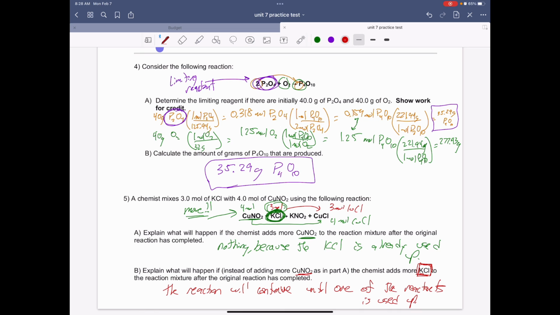Right, it really depends on how much they add, right? If they add 3 moles of potassium chloride, that would mean that eventually you're going to run out of copper nitrate, right? So that would be copper nitrate would stop the reaction. If you only add like a tiny, tiny bit of potassium chloride, you're going to run out of potassium chloride before you use up the extra copper nitrate. So it really depends on how much you add, but you know that the reaction will continue until one of the reactants is used up. So again, you could calculate your way to an answer on this one, but it's easier just to think about it logically.